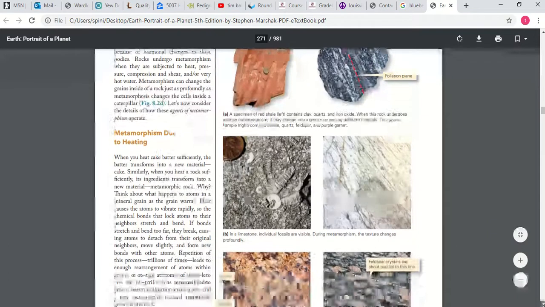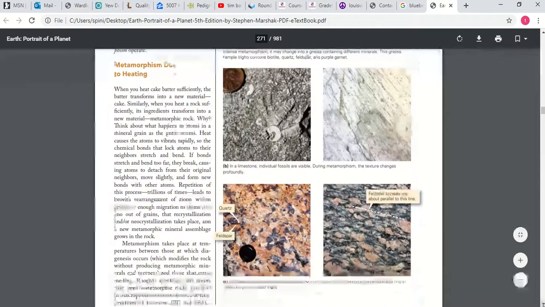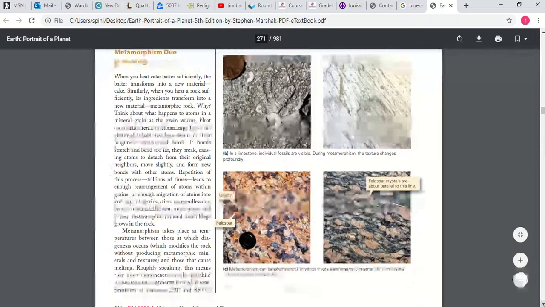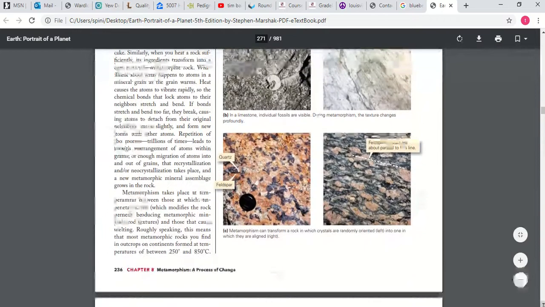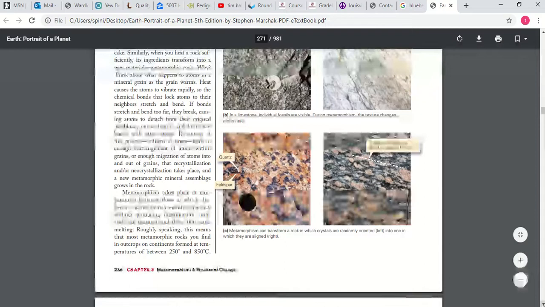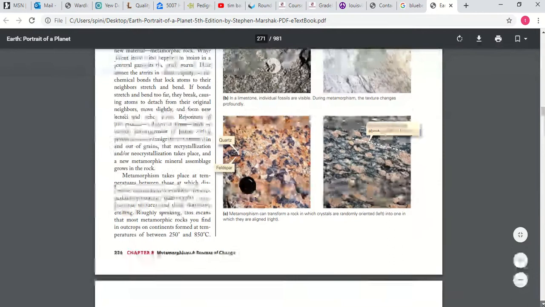So your book starts talking about changes due to heating, and we already talked a little bit about that, to where as the rock heats up, the crystallization can change. Here at the bottom, you can see a piece of granite that's going to be rechanged and formed into a metamorphic form of granite there on the right.